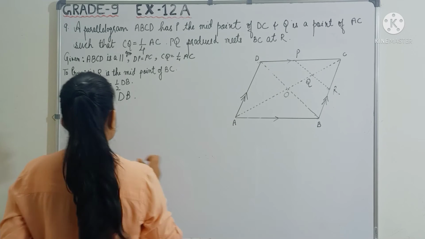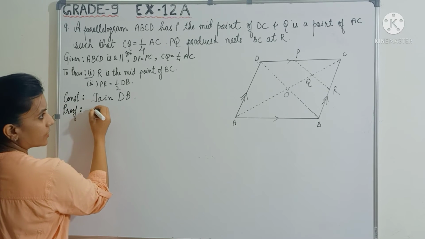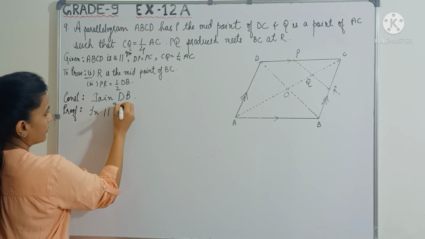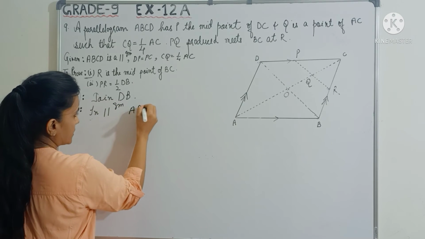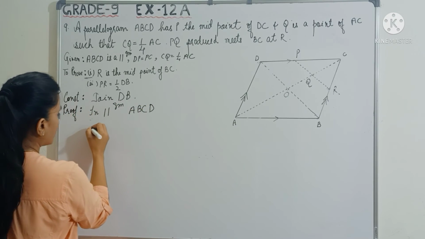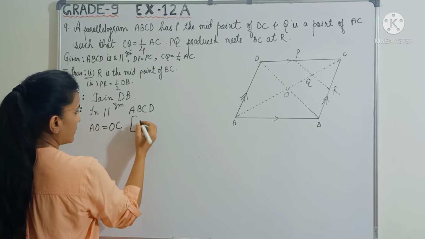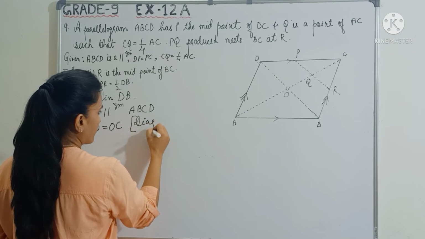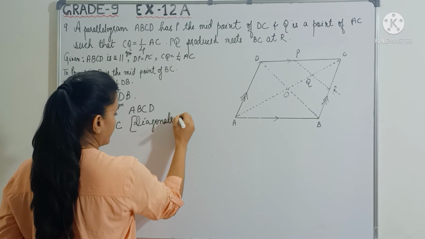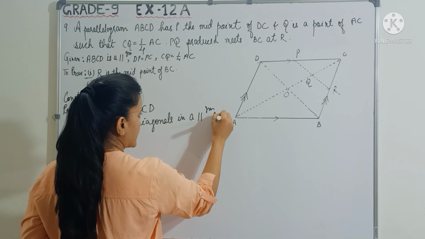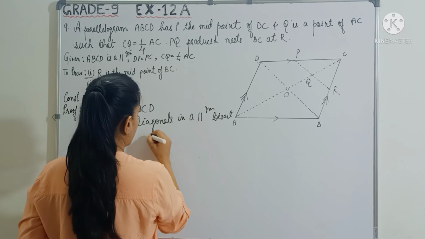So let's take parallelogram ABCD. In parallelogram ABCD, AO will be equal to OC, right? Why? Because diagonals in a parallelogram bisect each other.